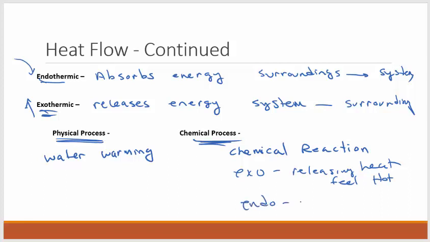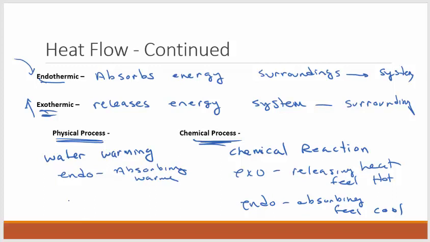If it's endothermic, it's absorbing heat and it's feeling cooler. If it's a physical process and something is warming up, that means it's endothermic, so it's absorbing energy and getting warmer. If it's exothermic, it's releasing its energy and it's getting cooler.